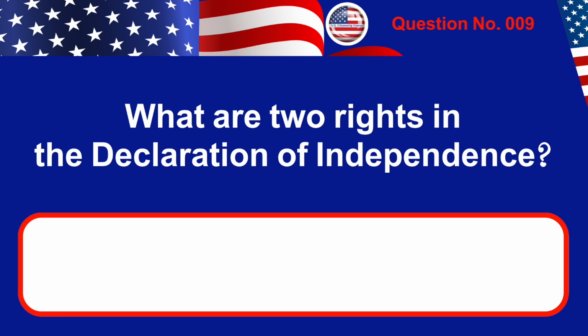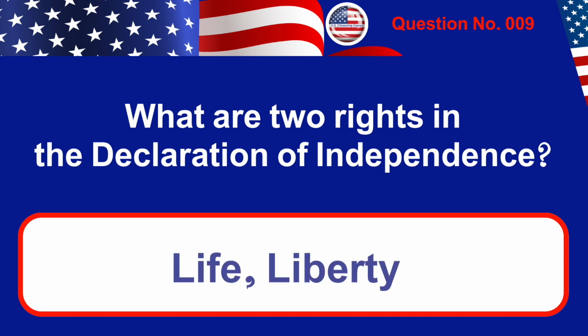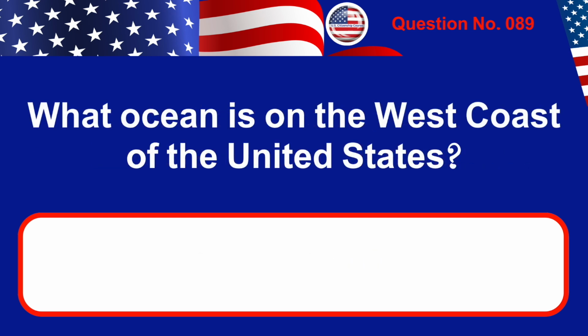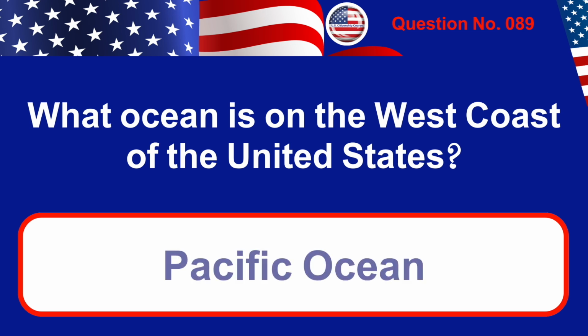What are two rights in the Declaration of Independence? Life, liberty. What ocean is on the west coast of the United States? Pacific Ocean.